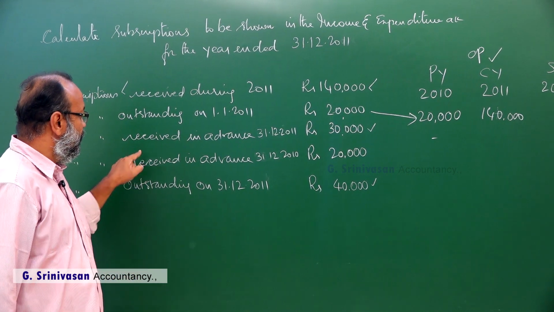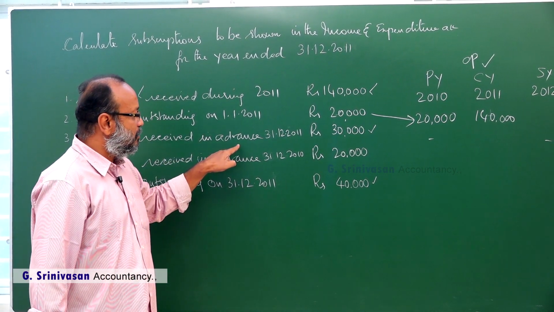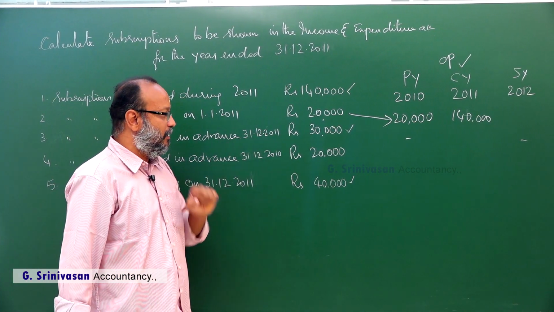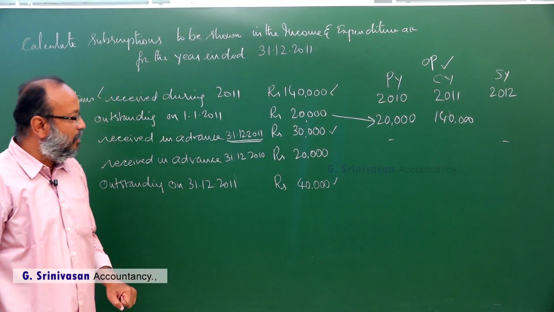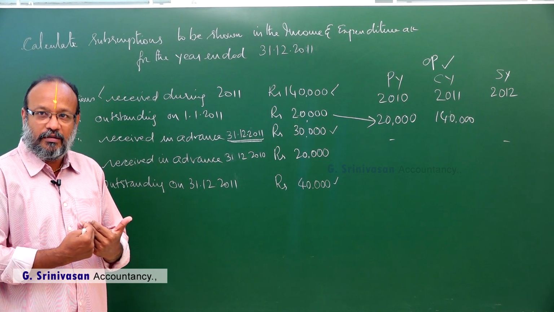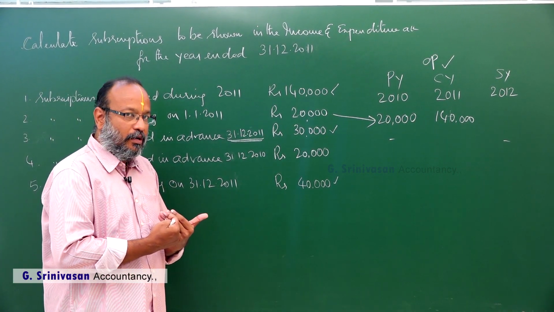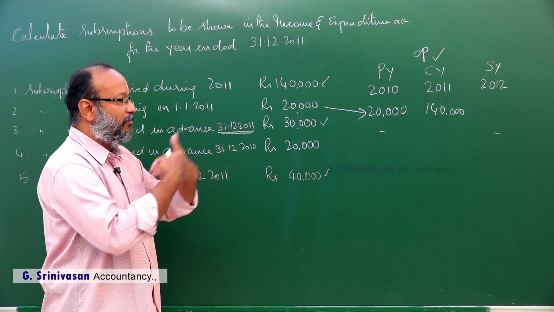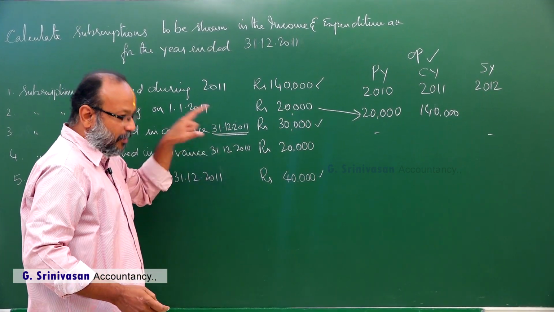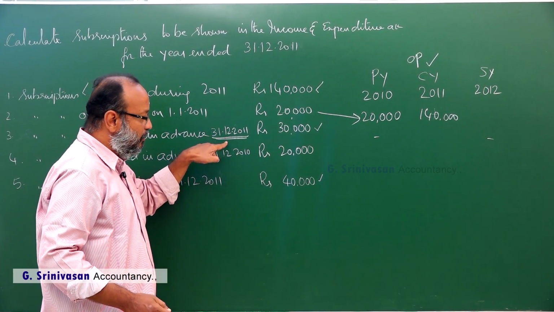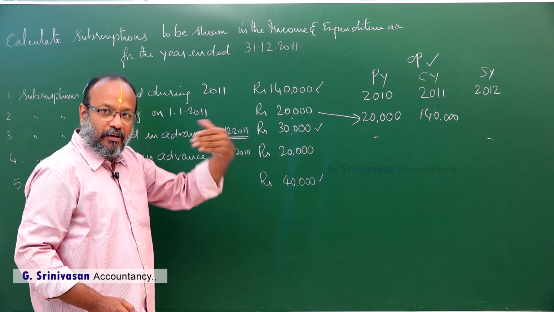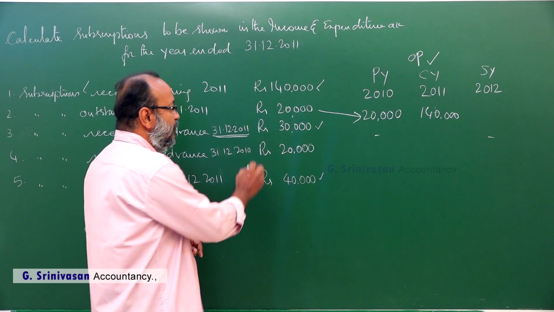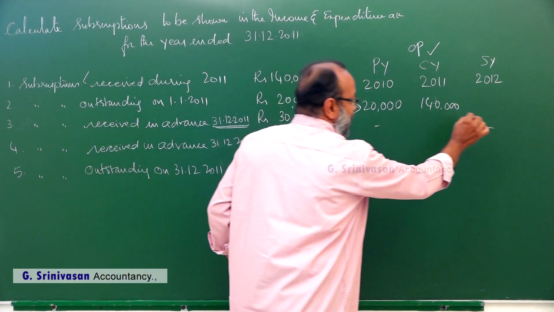Then the next one, received in advance on 31/12/2011. On 31/12/2011 we have received in advance. That means what? For the next year we have received, isn't it? Received in advance 31/12/2011 means what? For 2012 we have received. That means this is for the next year.